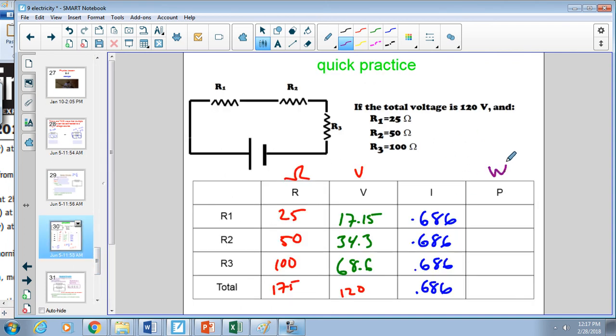And that's measured in watts. So 0.686 times 17.15, and the total is 82.3. Again, those add up to be all of our power.